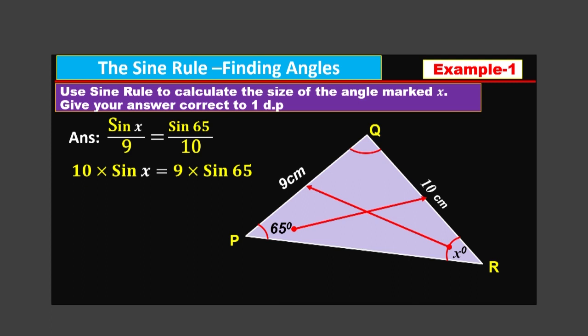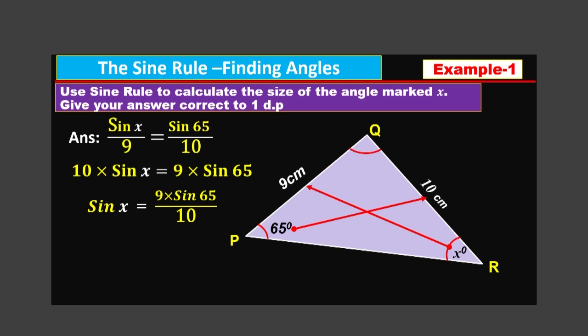Now how do we get the value for sine x only on the left side? We can remove the 10 from there. How is that going to be possible? You can divide both the sides by 10 and ultimately the third step would come as sine x equals 9 times sine 65 by 10. Remember, your target is to get the size of the angle x.